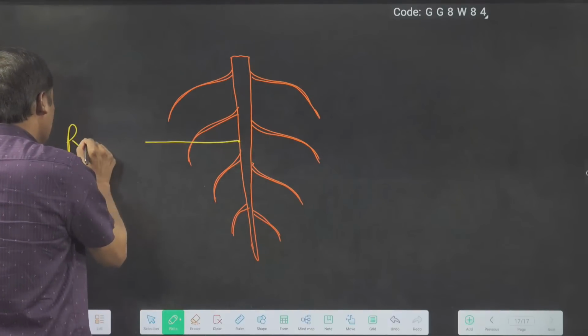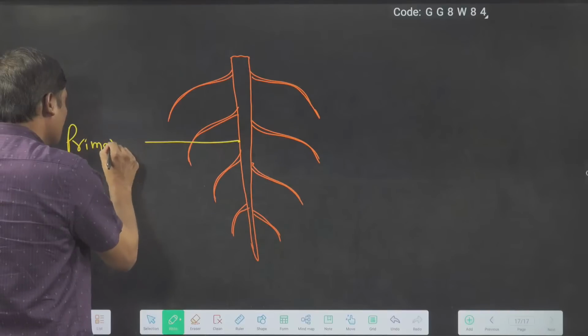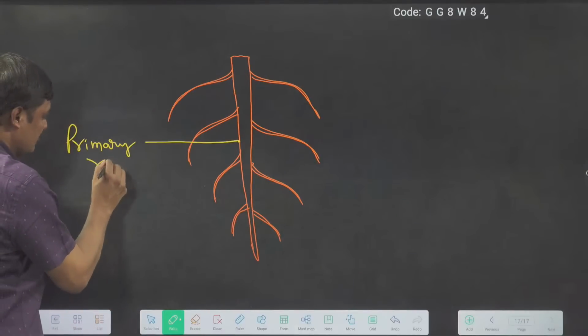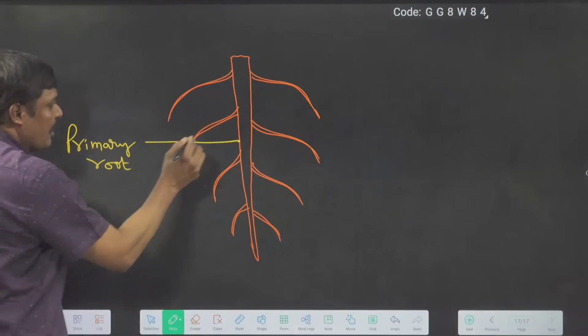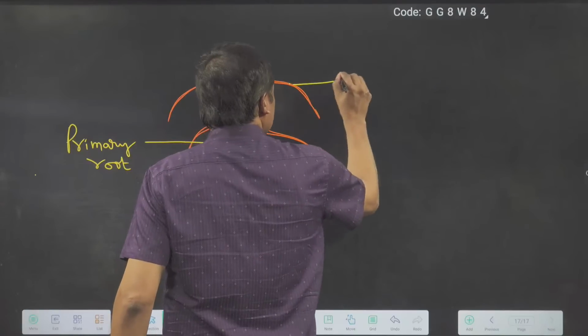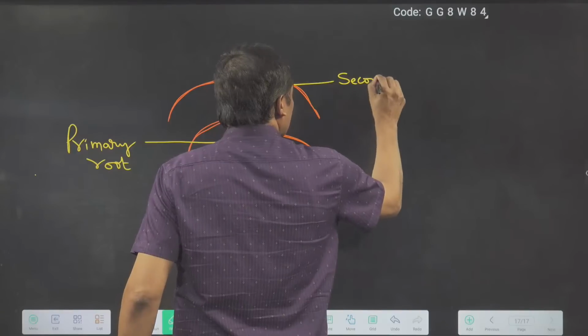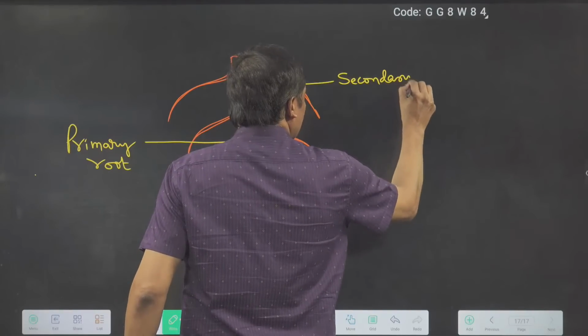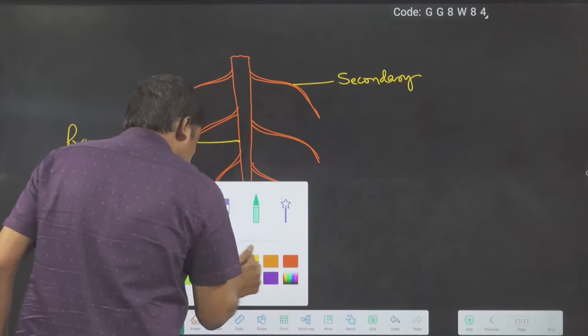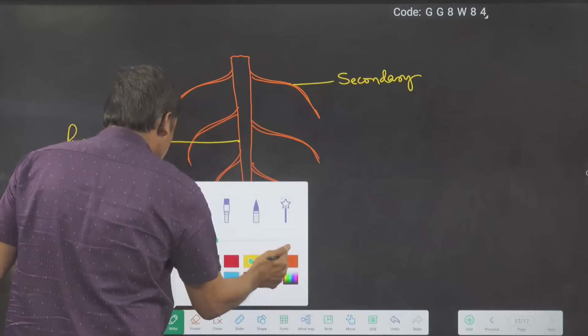This primary root is the direct elongation of the radicle. From the primary root, this is the secondary root. From the secondary root, third order roots are also produced.